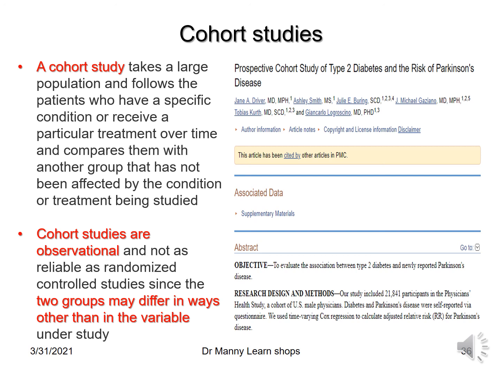So this could be a placebo group with no diabetes mellitus. Cohort studies are observational, but they're considered not as reliable as a randomised controlled trial, since the two groups may differ in ways other than what is wanting to be studied, or the variables in the study.